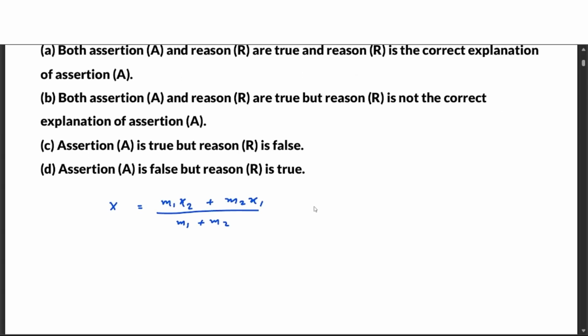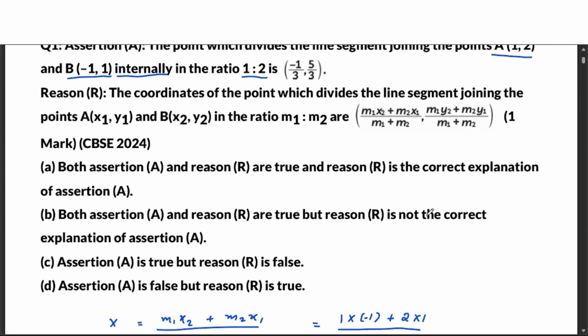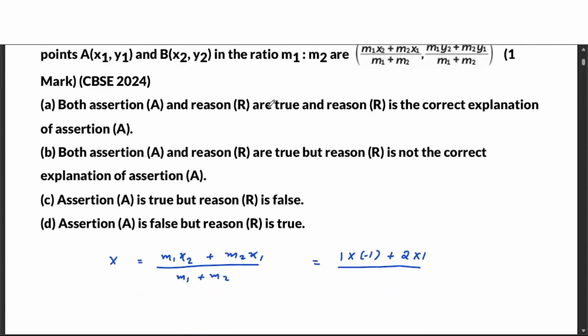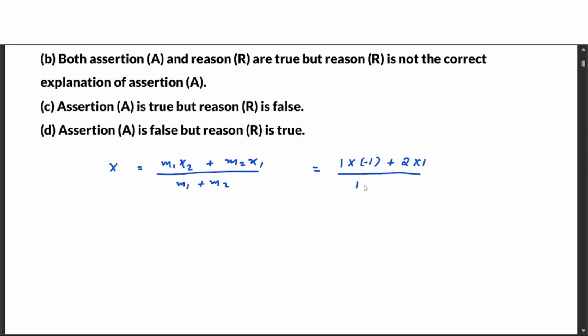So we can say 1 times -1 plus 2 times 1 over 1 plus 2, since the ratio m1 to m2 is 1:2. So you will get -1 plus 2 over 3, which means the x coordinate you will get is 1/3.